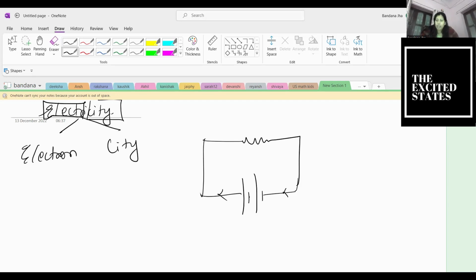And after so many years, when the electron was discovered, we understood that the current is flowing because of the flow of electrons. But the convention was already applied that the current is flowing from positive to negative terminal, and we still assume that. But actually the current is flowing because of the flow of electrons.